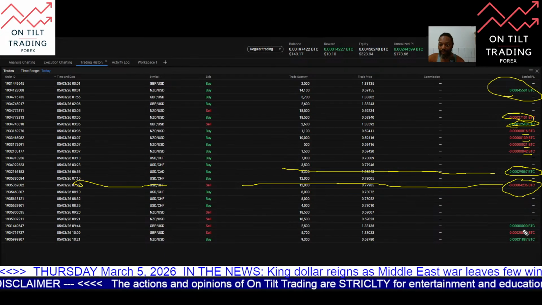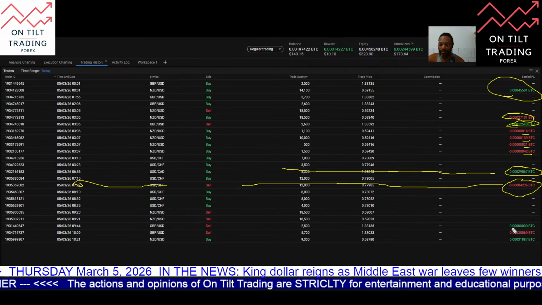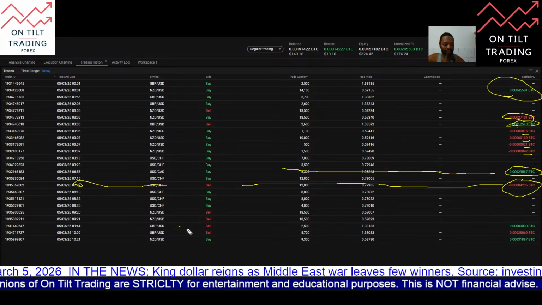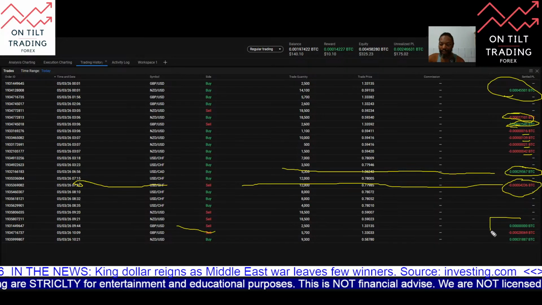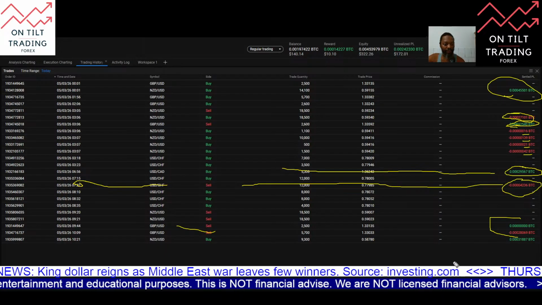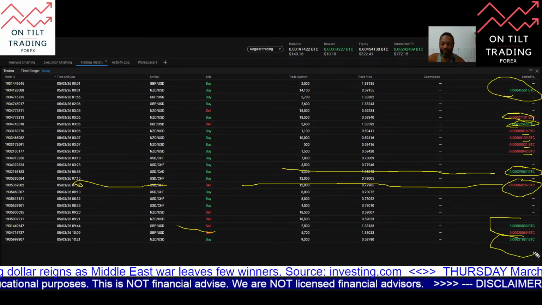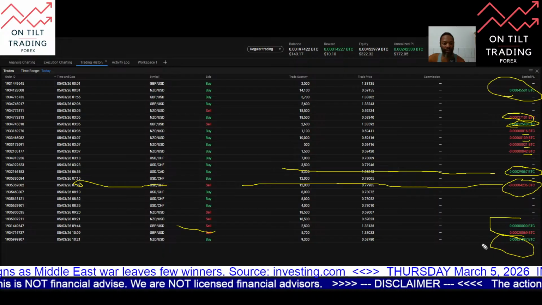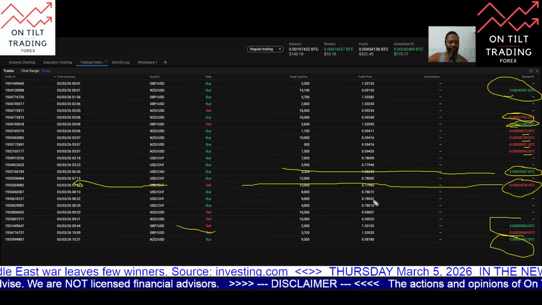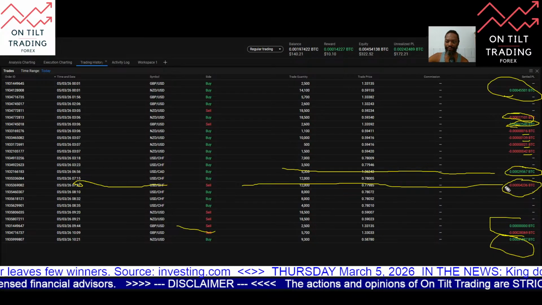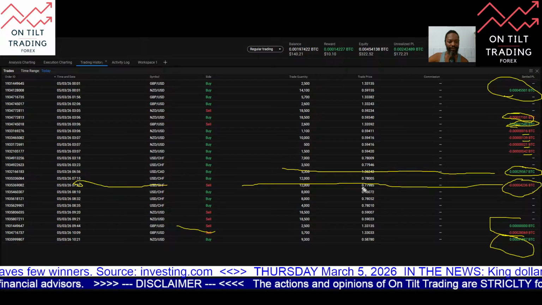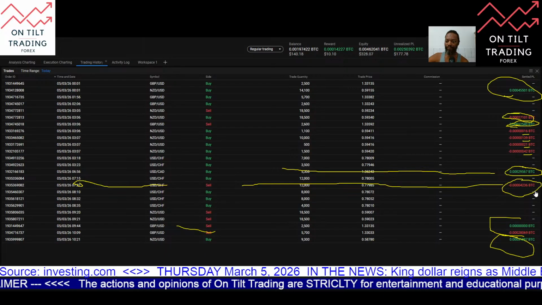There's a loss on dollar Swiss this morning, and then here we've got the stop outs on pound dollar, and then this is the profit here on Kiwi dollar. Dollar Swiss sell. Don't remember that.